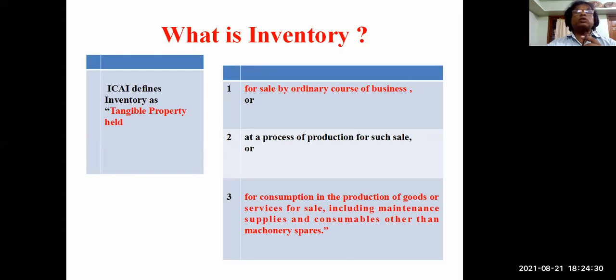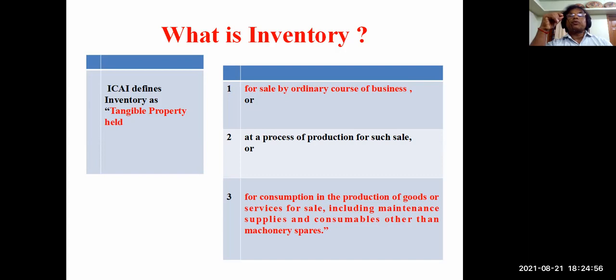And what is inventory? I told you all tangible property held is inventory. Tangible property held for sale, or held in production for sale, or in the ordinary course of business, whatever you purchased and is in your store room. You may not be manufacturing, but whatever you purchased for sale is inventory.